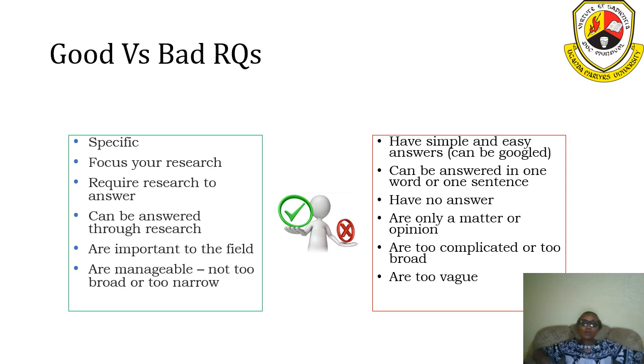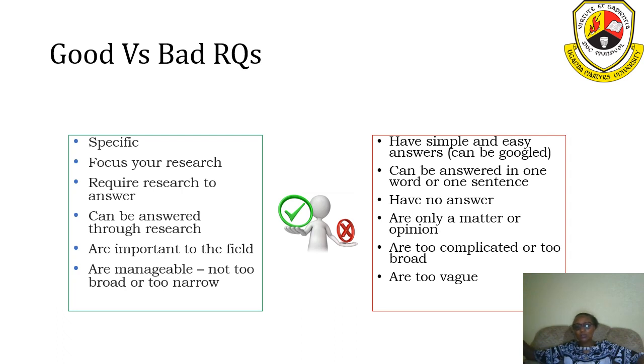We have what we call good and bad research questions. So a good research question is specific, very, very specific. Look at the research question we had earlier. How can this methodology help develop and design an application for a rural learner? We want to see what it proposes and if it can actually help.